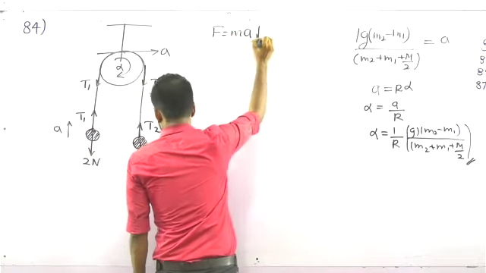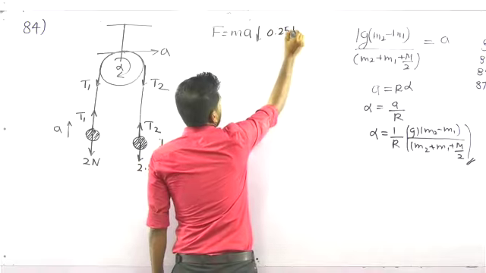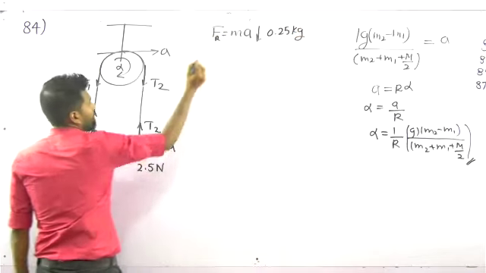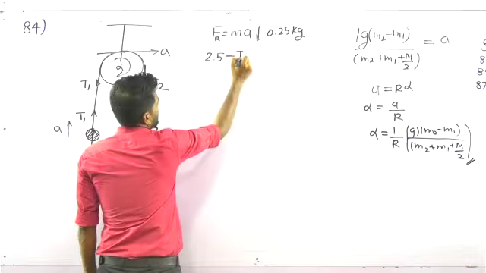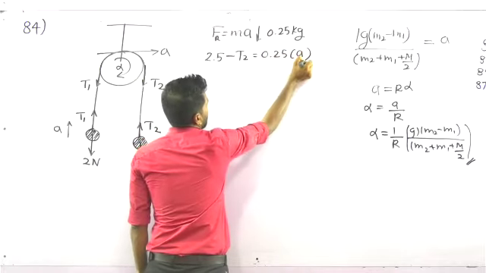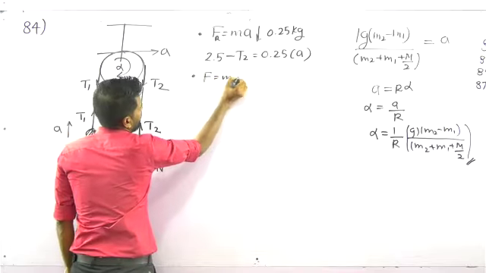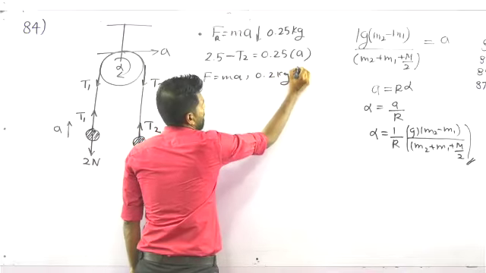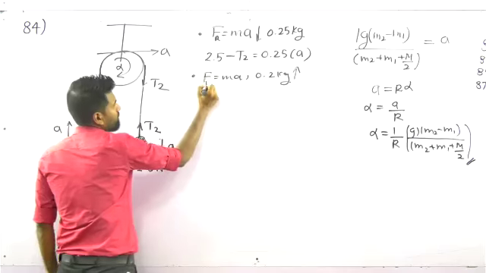Okay. Now applying F equals ma downward for the 0.25 kg mass. In the F equals ma equation, F is the resultant force, 2.5 minus T2, equals mass 0.25 times acceleration A. And applying F equals ma upward for the 0.2 kg mass, the force is the upward force.